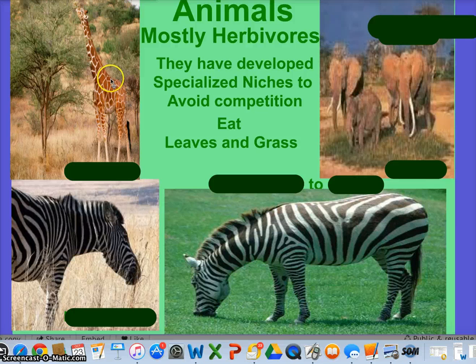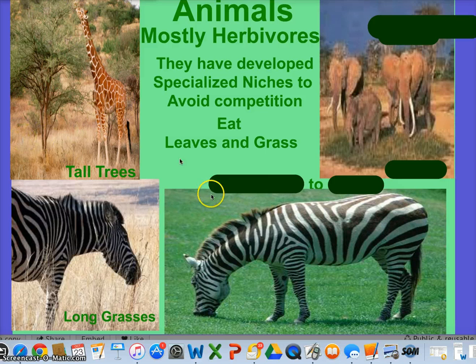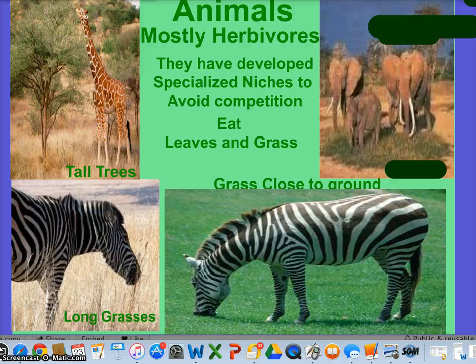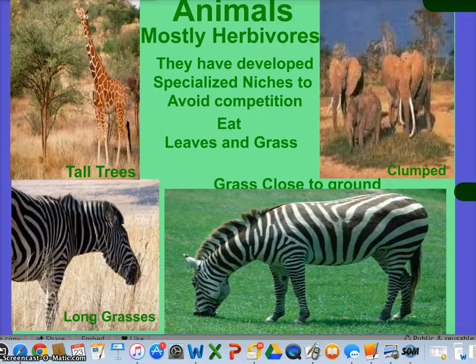Like, what do giraffes eat? Leaves on tall trees, versus the zebra will eat long grasses, and some will eat grasses close to the ground. And then the elephants, since they're always in little groups or clumped, they eat grasses that are clumped.